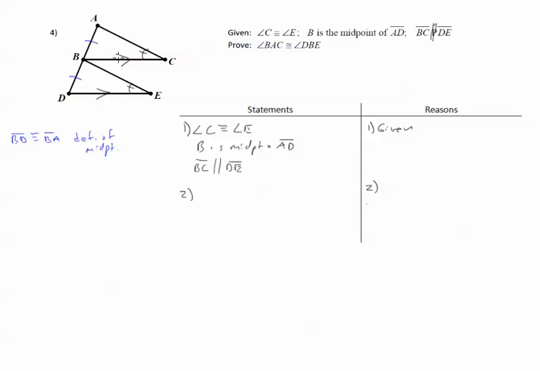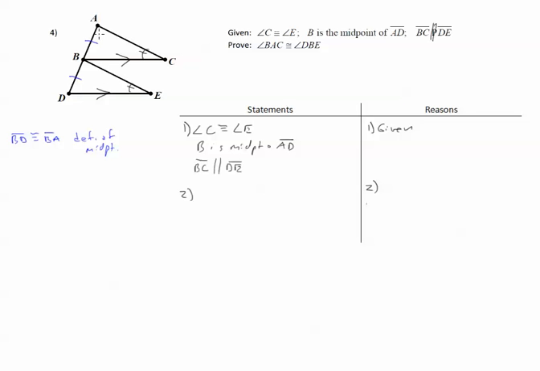If I look at these, I have a side. Corresponding sides are already congruent. I have corresponding angles that are already congruent. Let's see if I can find another corresponding pair of parts that will help me out.